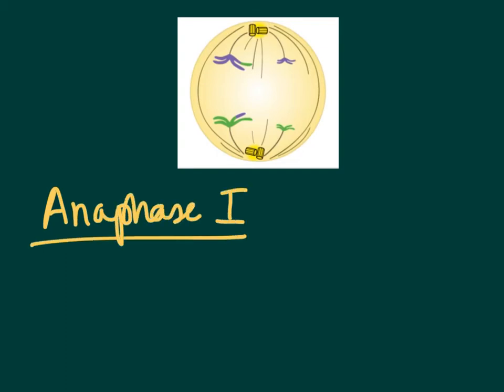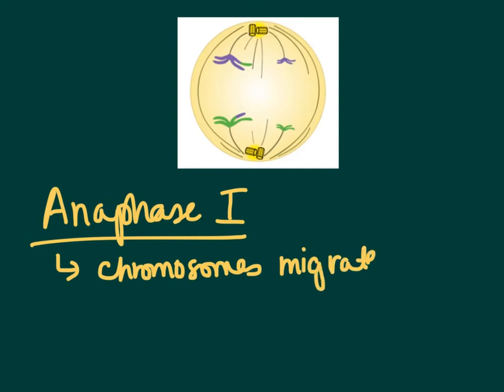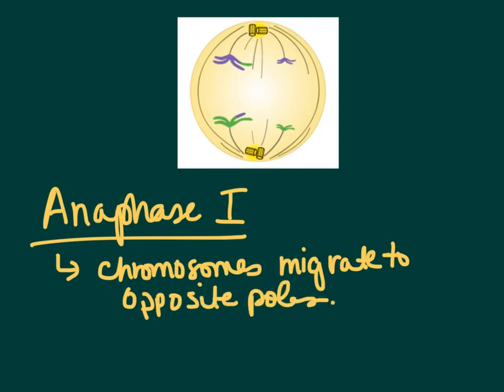Then we come to anaphase 1. In anaphase 1, chromosomes are going to be pulled apart, so chromosomes migrate to opposite poles. Except the difference here is the centromere does not dissolve.